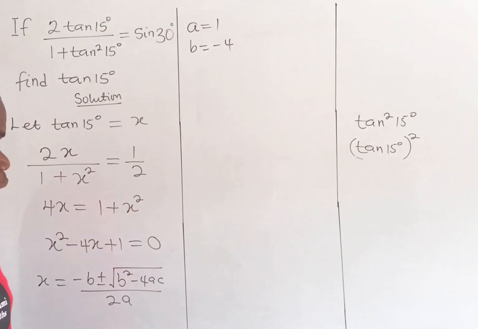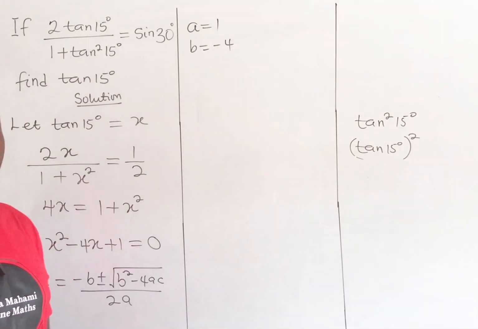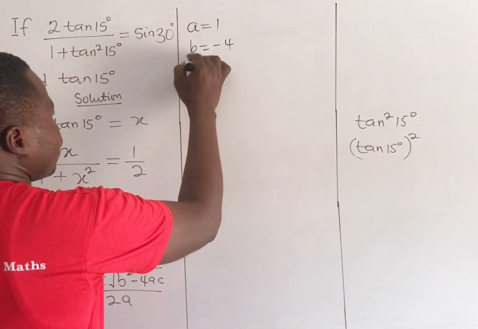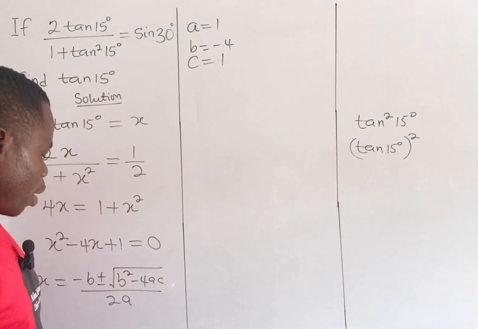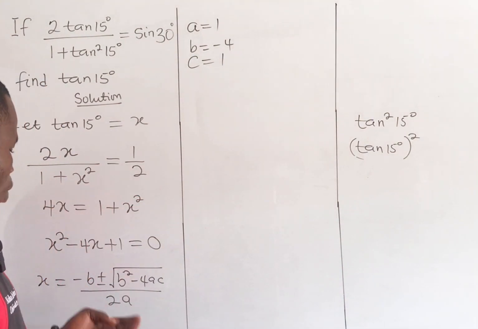And c is the term without the variable x, this one, meaning c is equal to 1. Let's now substitute them into this formula.